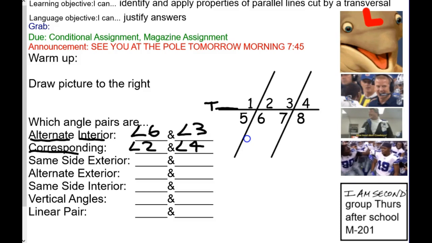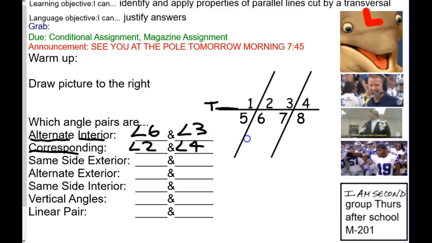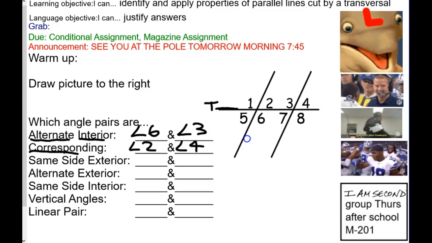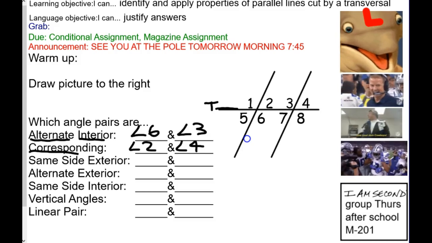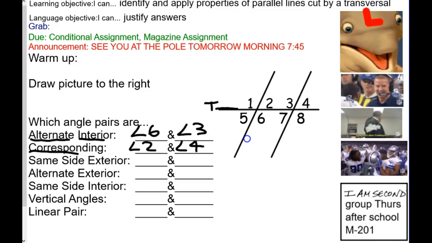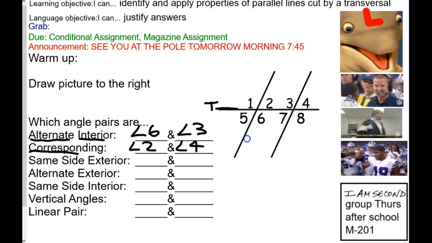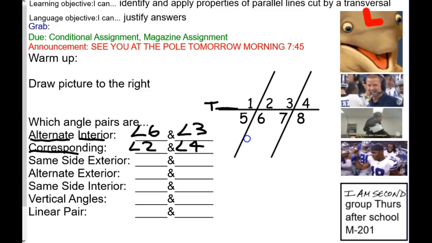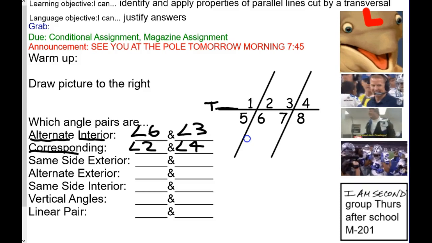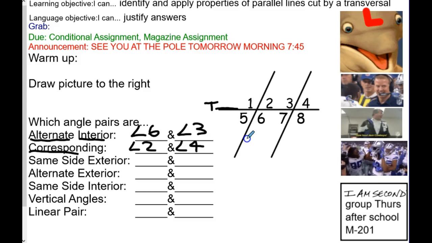All right? Let's see here. What is corresponding to angle 1? Okay. So again, one's on the outside. What's on the inside on the same side of the transversal? Okay, but not right next to it. So in the same position. So 1 is in the top left. Over here, what's in the top left? 3.